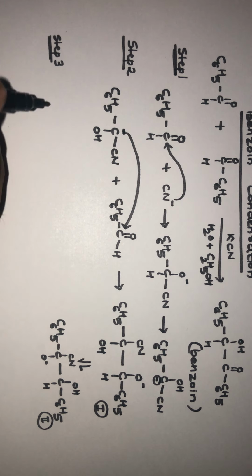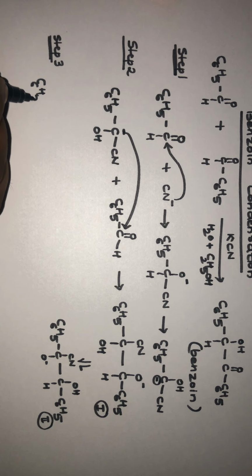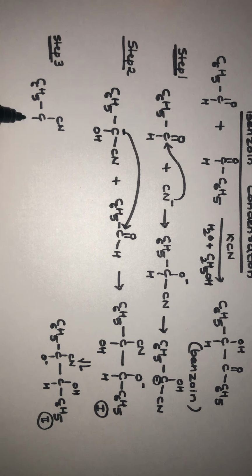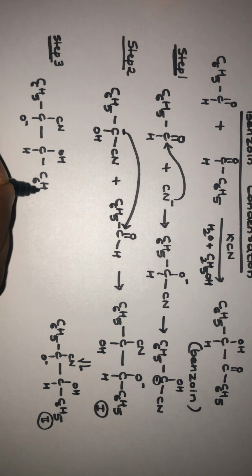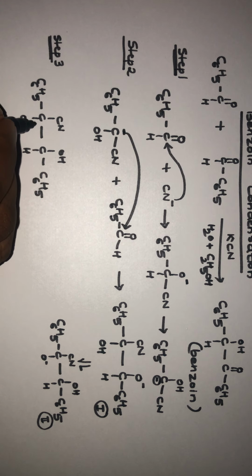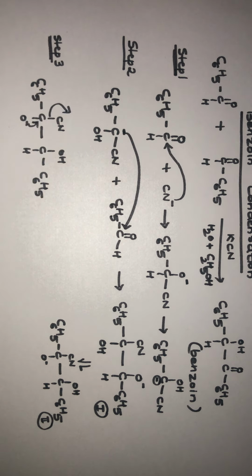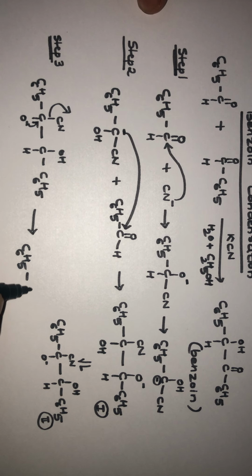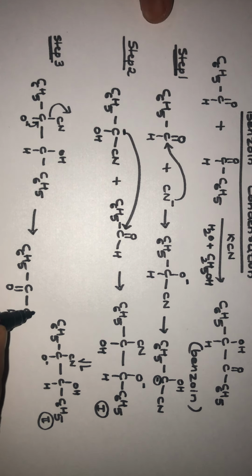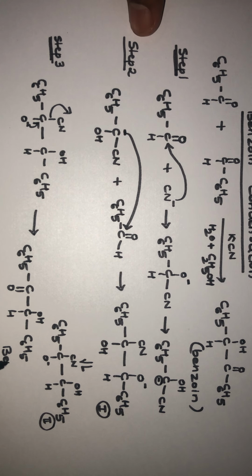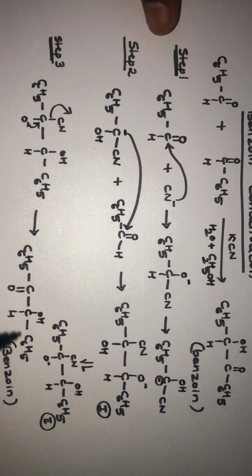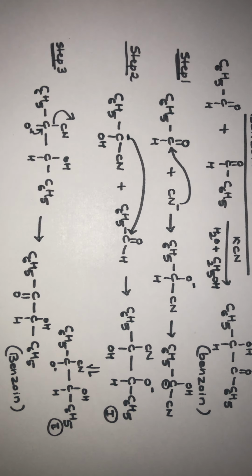So rapid loss of this cyanide ion takes place, and we have O minus, H, C6H5, and C6H5 C double bond O. This is benzoin, that is, an alpha hydroxy ketone is formed. So this is the total benzoin condensation.